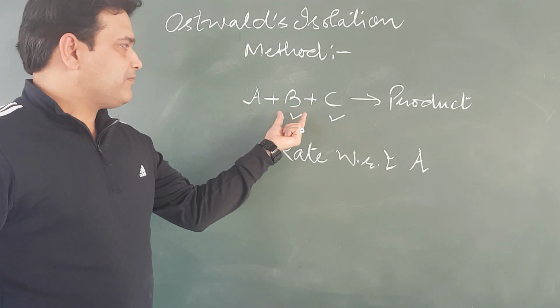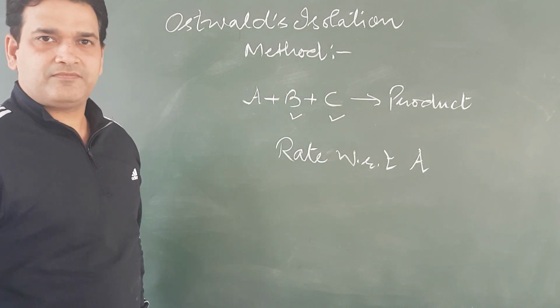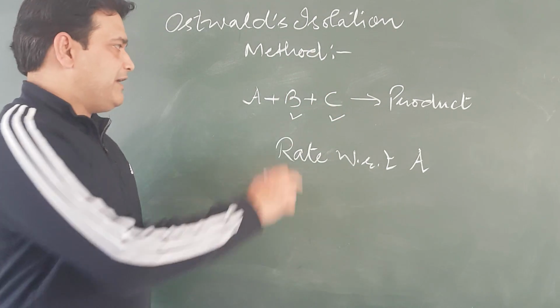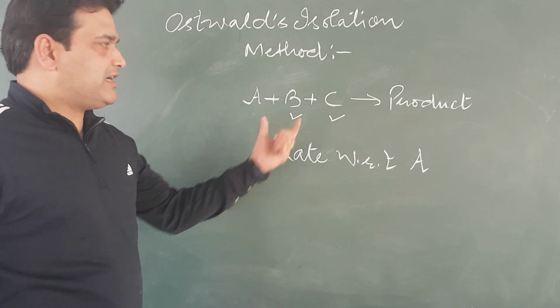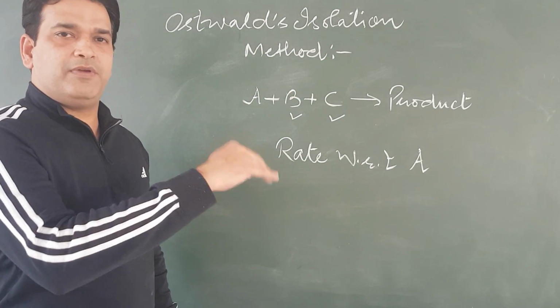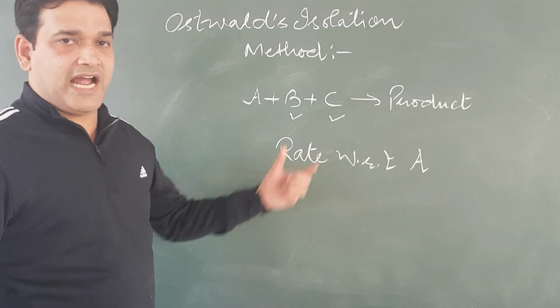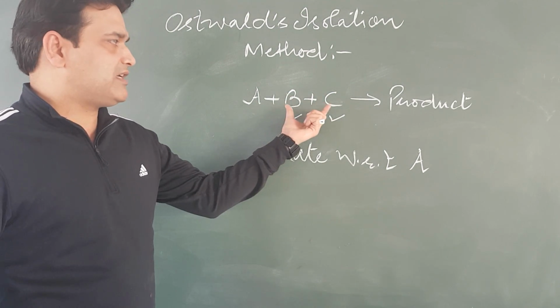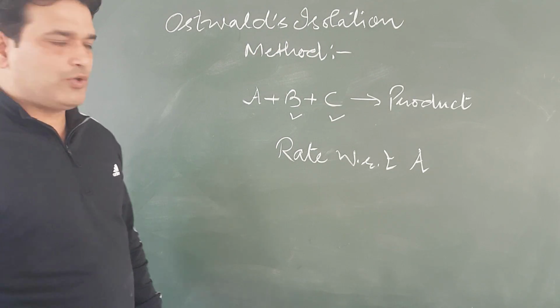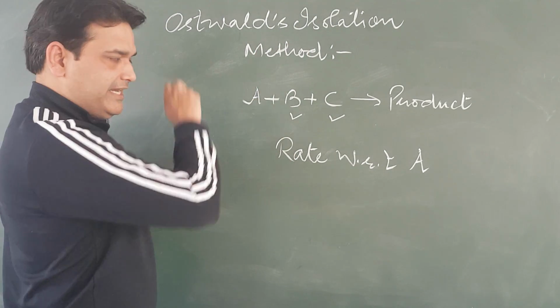We will take the concentrations of B and C in excess. When B and C concentrations are in excess, then their change will be minimized. There will be minimum change in those concentrations, because these concentrations are maximum. So we can study the rate with respect to A.